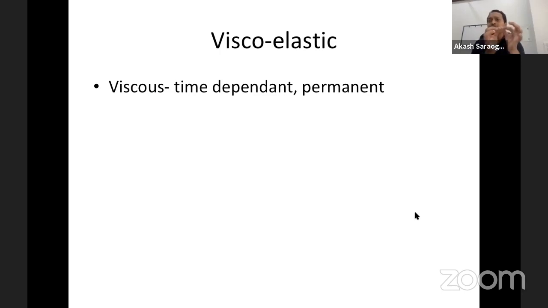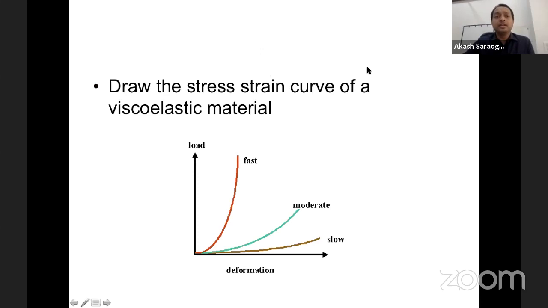If I'm moving something too fast, the stress and strain curve is going to be different as compared to when I'm moving it at a moderate speed, as compared to when I'm moving it at a slow speed. So viscous is a time dependent permanent deformation of a material. So to show you in this, same material, we are applying a load too fast, moderate, and too slow.